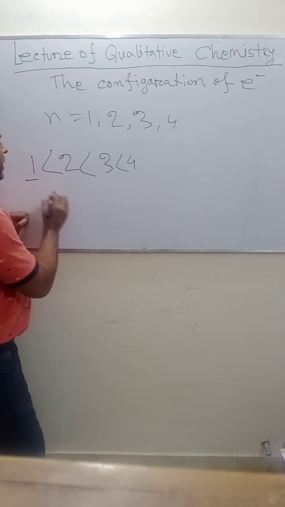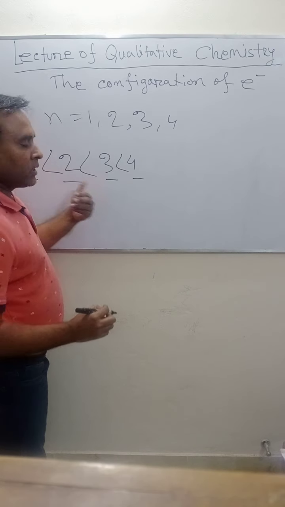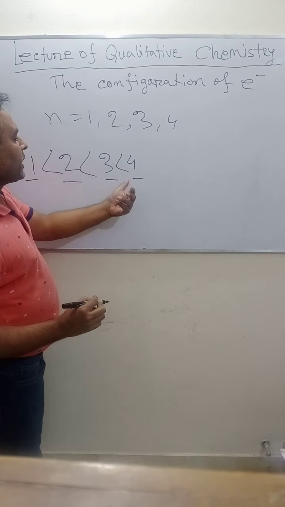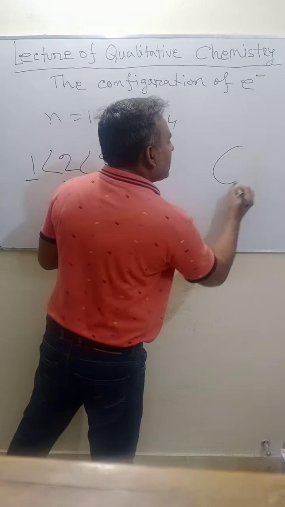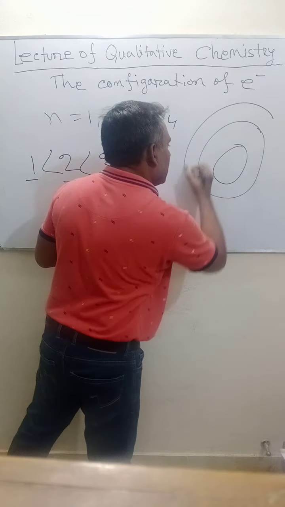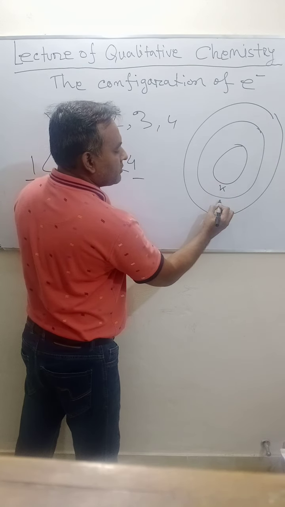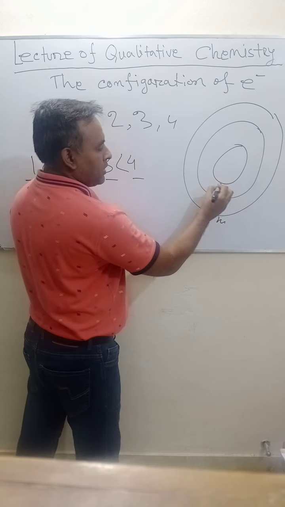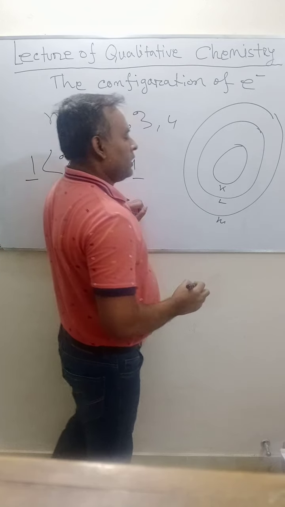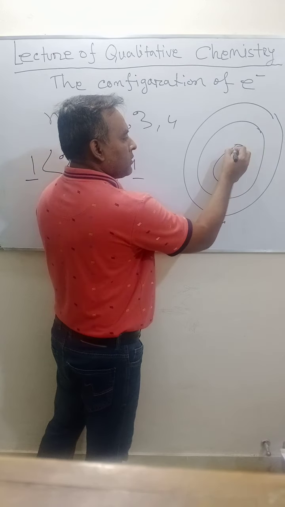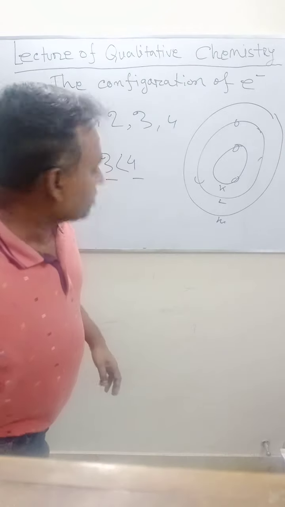The first electron will be here, then here, then here, then here. This is the sequence of the energy level of the shells, K, L, M, N.